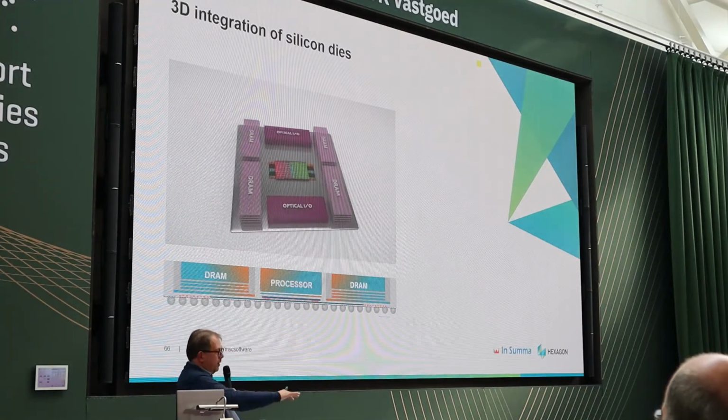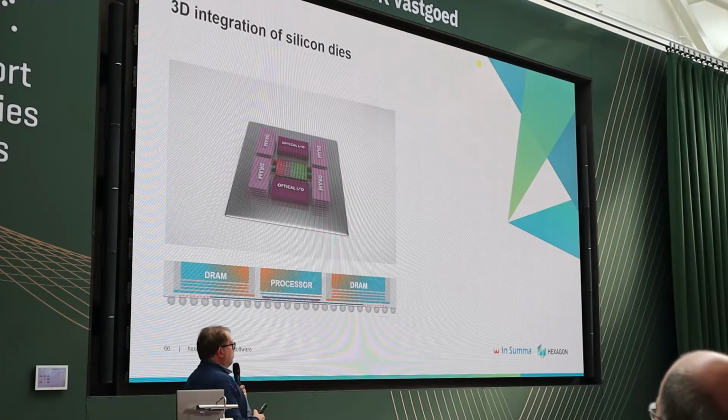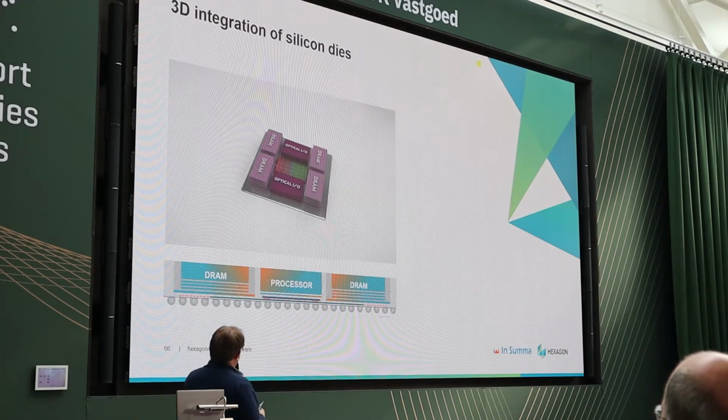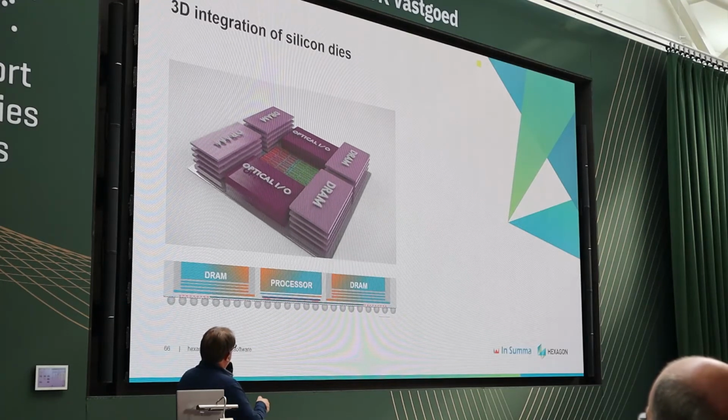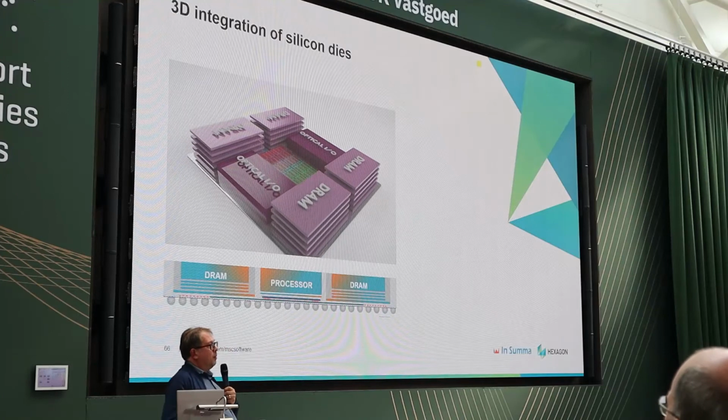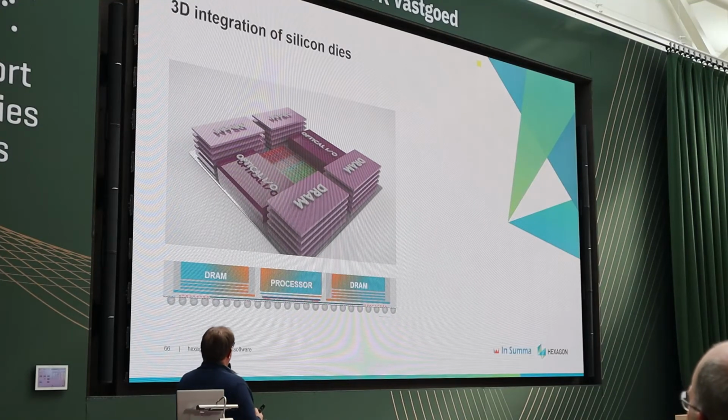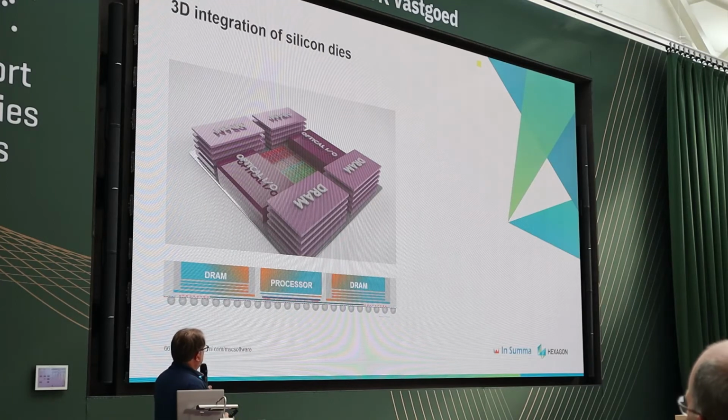You don't put them aside, but you stack them. So you have optical chips, a processor centrally, and then a lot of memory dies stacked. You do this in 3D, which is what they call 3D technology.